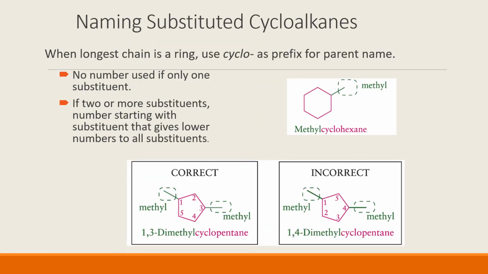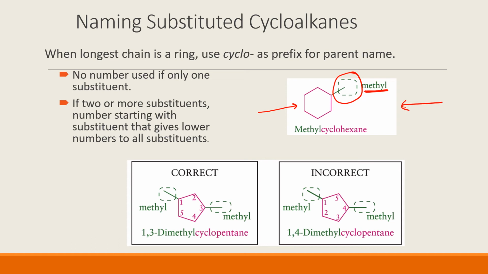When the longest continuous chain of carbons is a ring, cyclo becomes the parent name as described previously for unbranched cycloalkanes. An example of a branched cycloalkane is shown in this picture. In this example, we have a parent ring with 6 carbons, and we have a substituent group here, which is a 1 carbon long substituent. Hence the name of this substituent is methyl.